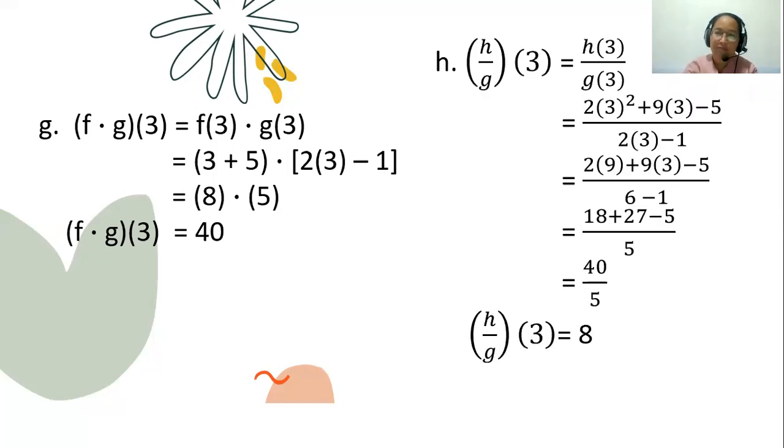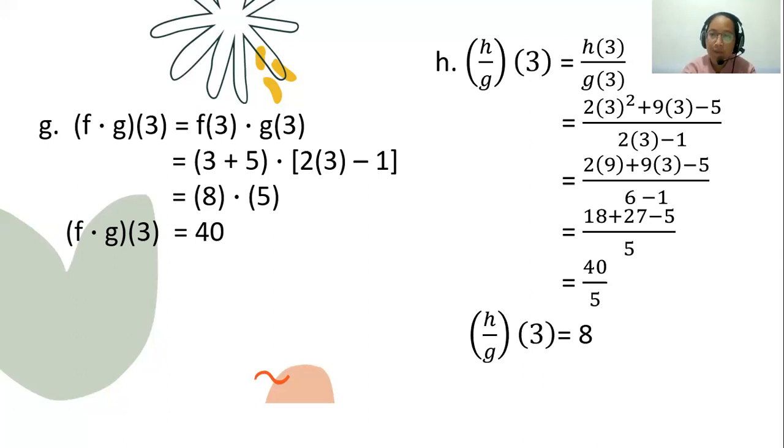Let's have division. h of g of 3 is equal to h of 3 over g of 3. Okay, no need of factoring because the value of x is a constant. So from the value of the h function, replace all the x's by 3. Then for the value of the g function, which is 2x minus 1, replace again x by 3.